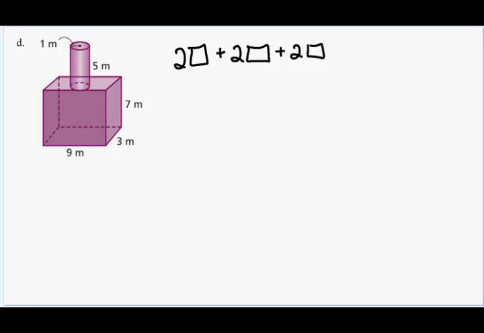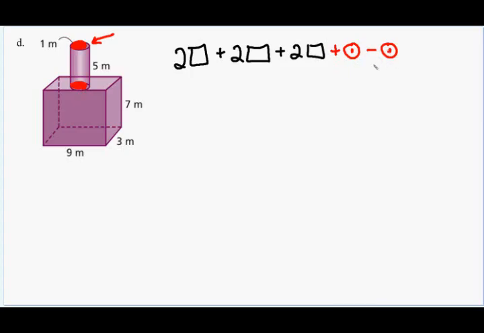So if we look, I'm going to use red ink. The top of the cylinder is a circle. And the bottom of a cylinder is the same circle, and that bottom of the cylinder takes away some of the surface area from the top of the box. So we're going to add a circle for the top of our cylinder, but then we're going to subtract the exact same circle for the bottom of the cylinder.